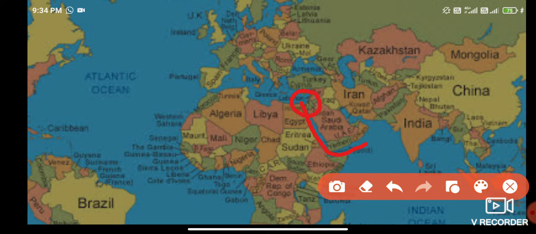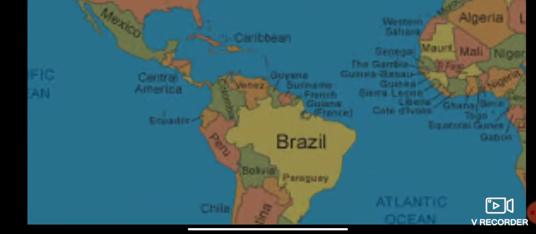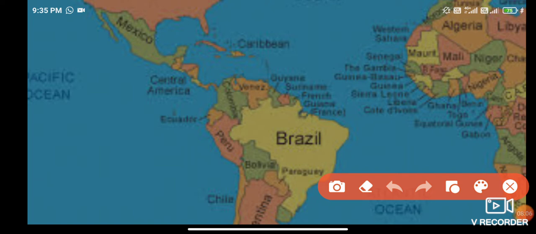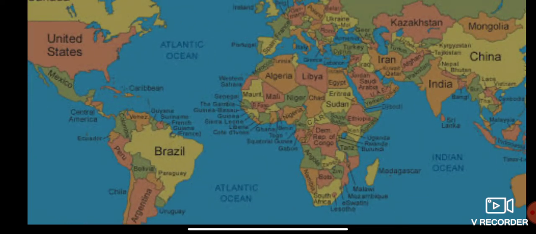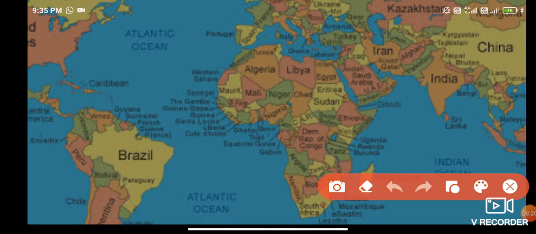Similarly, if you were to look for the Panama Canal, you will find it just below Mexico. Here you'll find the Panama Canal.